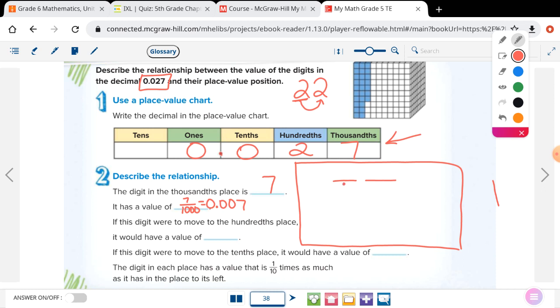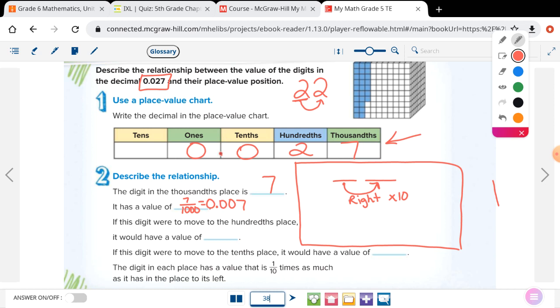If we're comparing this place to that place, we will draw an arrow. When we see that arrow, which way is it pointing? Right. It's pointing to the right, which means it's times 10. 10 times to the right.